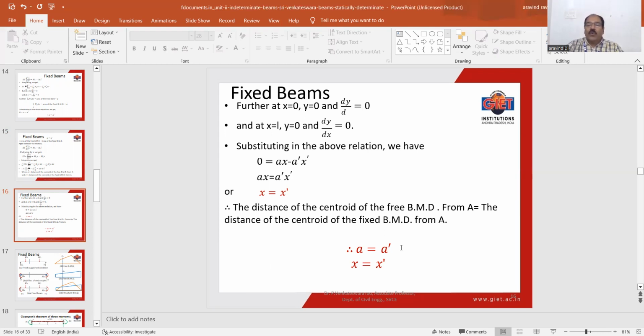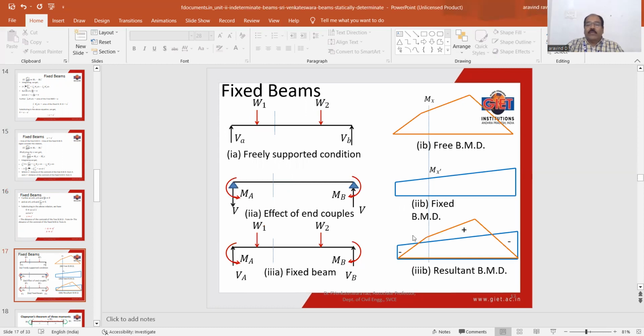By using these 4 equations, we can completely analyze the fixed beam. A is equal to A dash and x bar is equal to x bar dash are known as the compatibility equations. Finally, we can completely analyze the fixed beams by using this method.